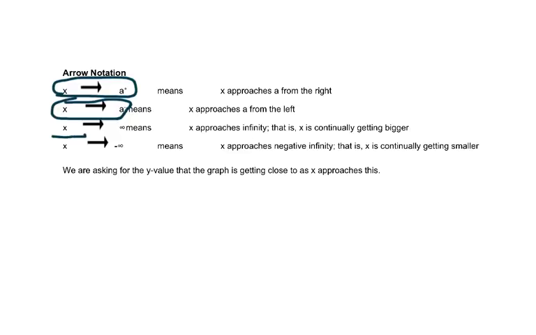And here this is saying x is going to infinity, and that means x is getting bigger and bigger and bigger. And x going to negative infinity means x is getting smaller and smaller and smaller. And when we talk about this, we're always looking for the y value that's happening on the graph as x is doing this. So let's see how that works.